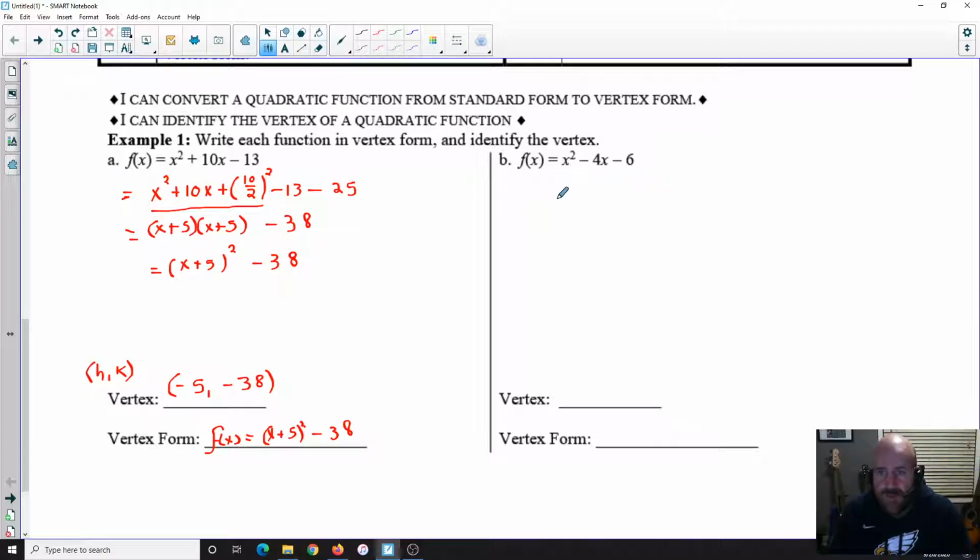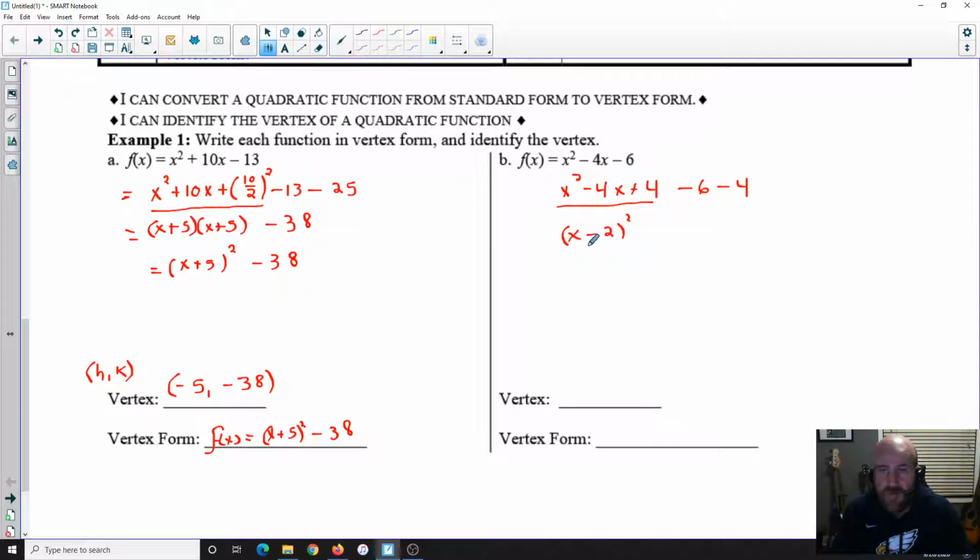Same thing here. We have x squared minus 4x. I'm going to leave a gap and put the minus 6 there. We're thinking half of b, which is negative 2, and then we square it, and we get 4. So I'm adding 4 and subtracting 4. Now we factor this out. That's just x minus 2 quantity squared.